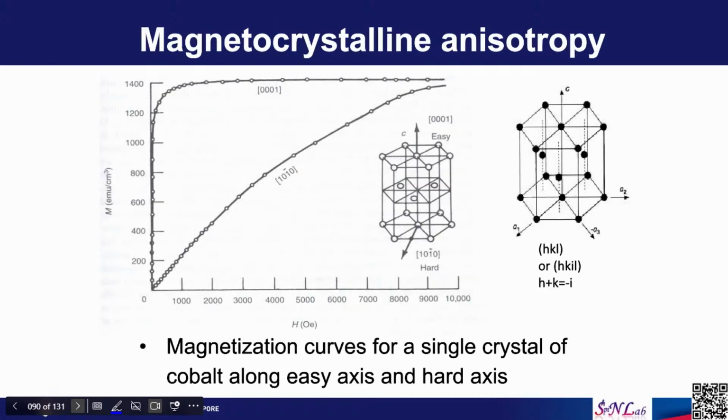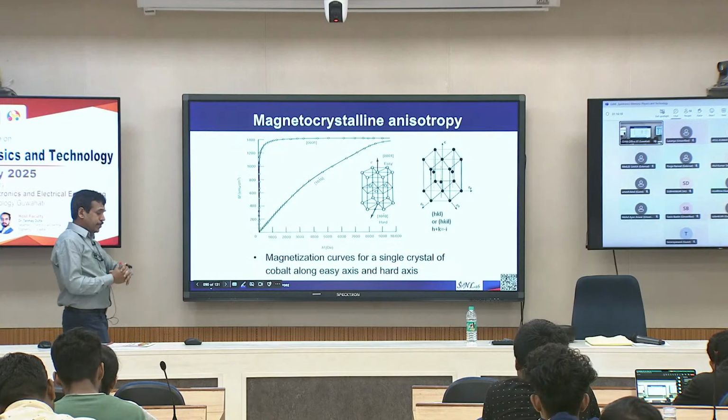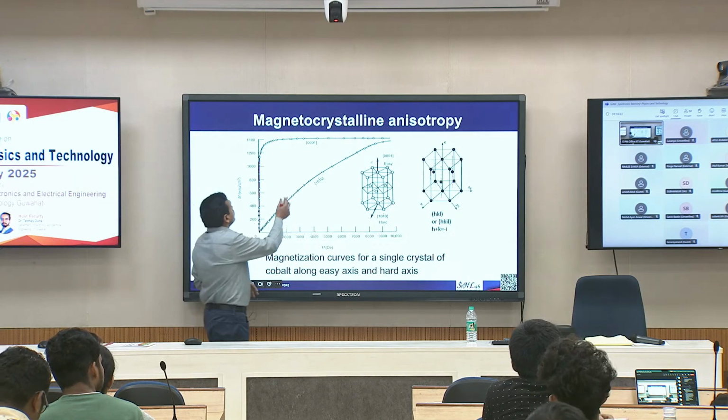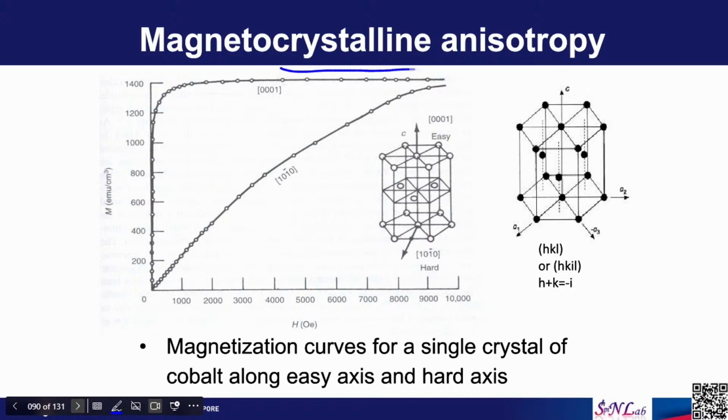Okay, let us first discuss magnetocrystalline anisotropy. As the name implies, this anisotropy comes from the crystalline property of the material. Whether we are going to study magnetic recording or magnetic random access memory, we will often be dealing with cobalt.